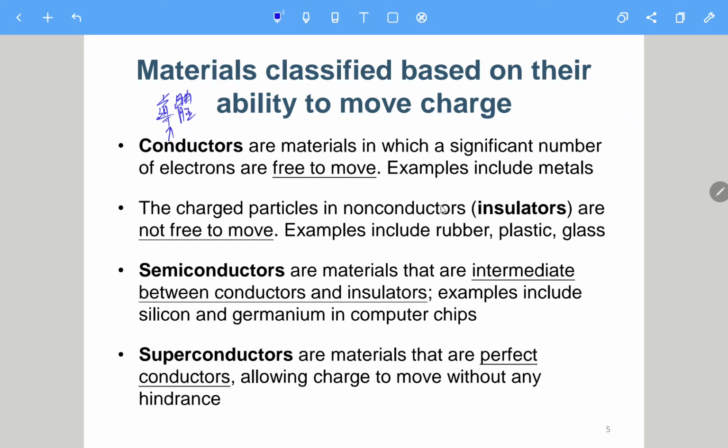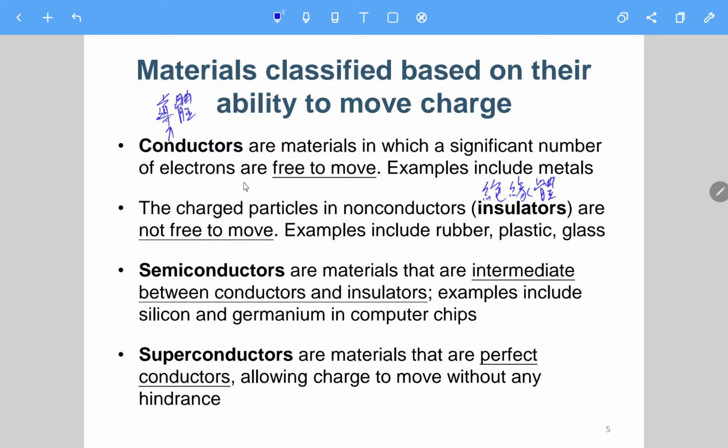Examples include metals. And then the second type, the charged particles in non-conductors, or usually you call it the insulator, 绝缘体, are not free to move.